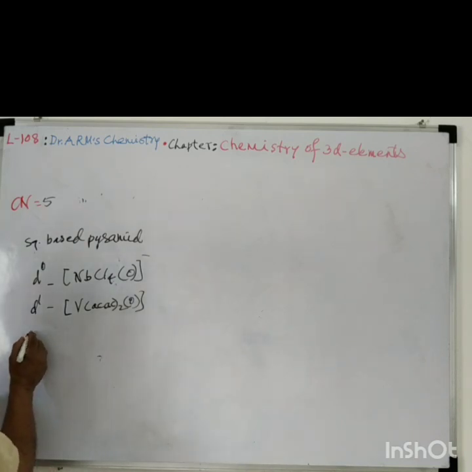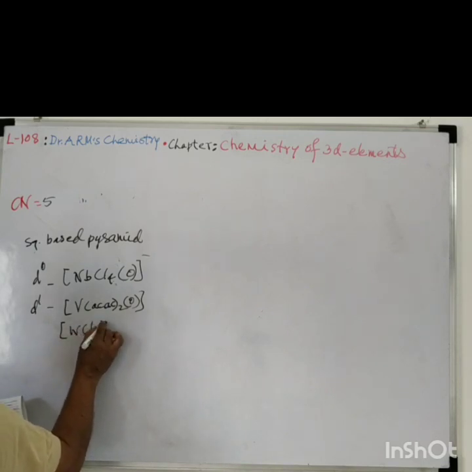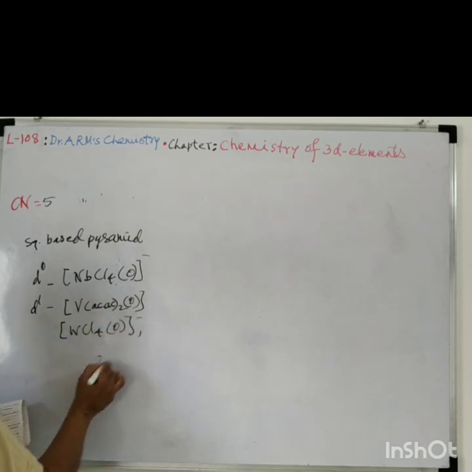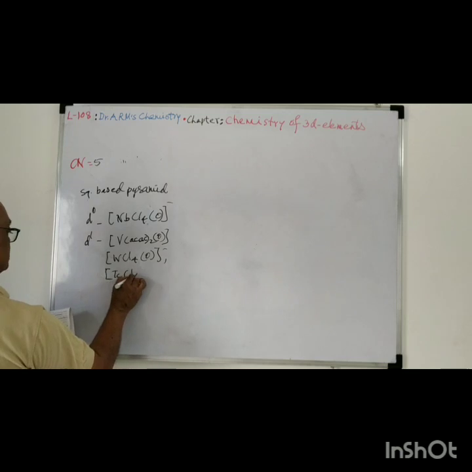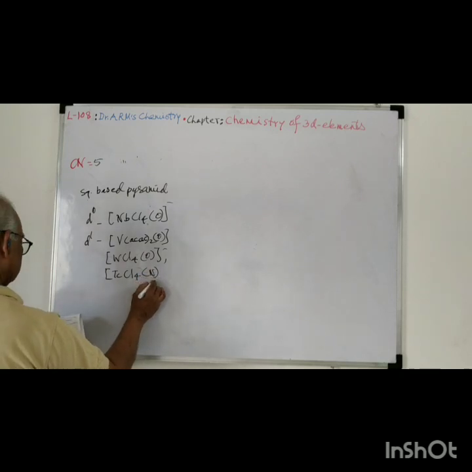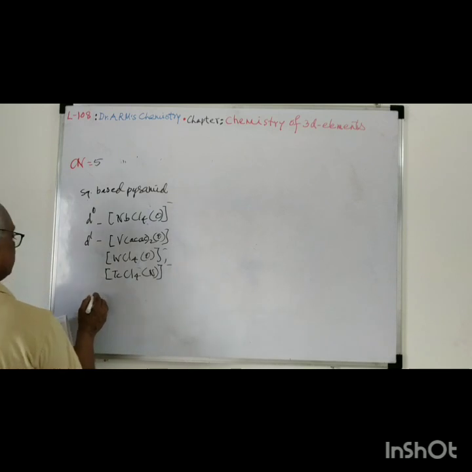Then another example, tungsten WCl4O minus. Then TcCl4N minus.